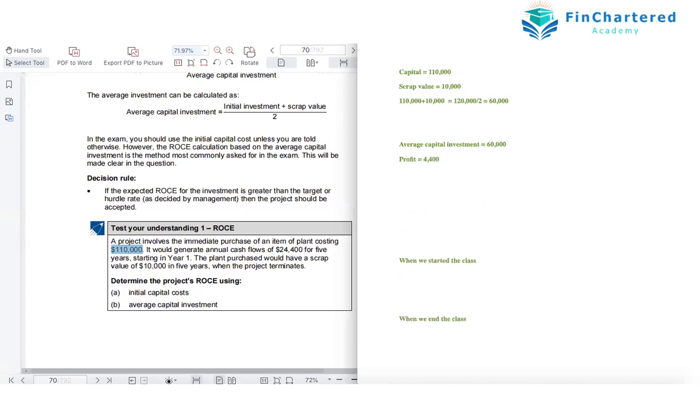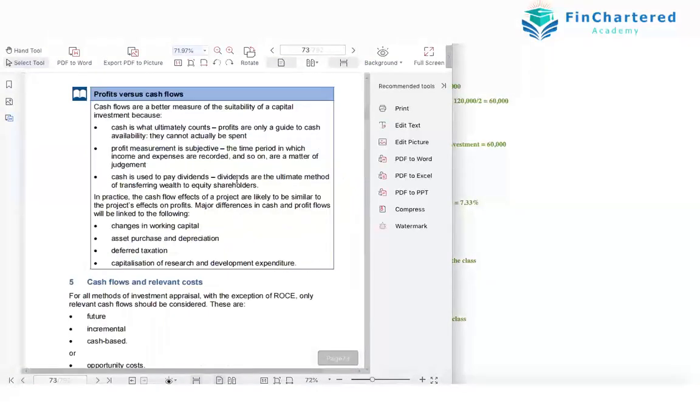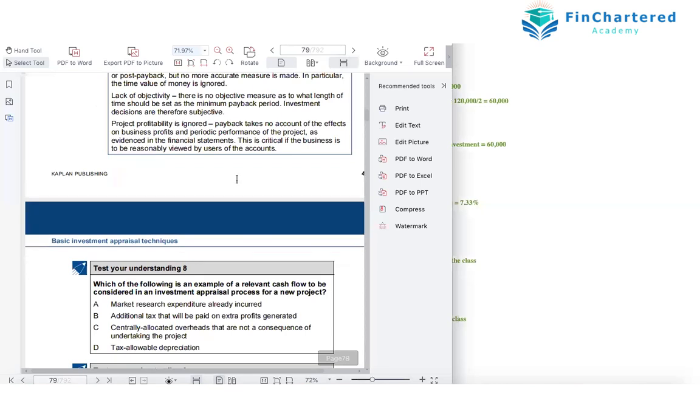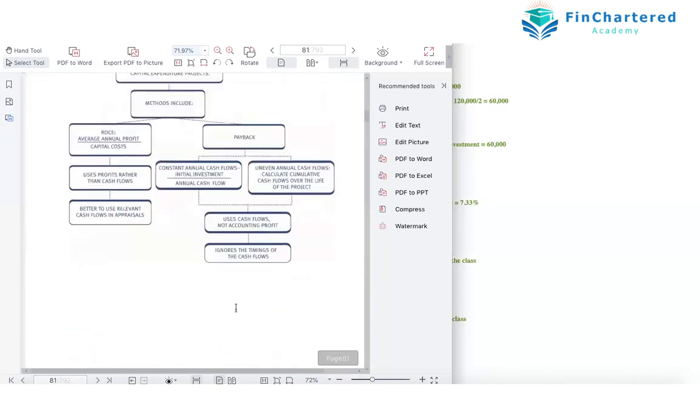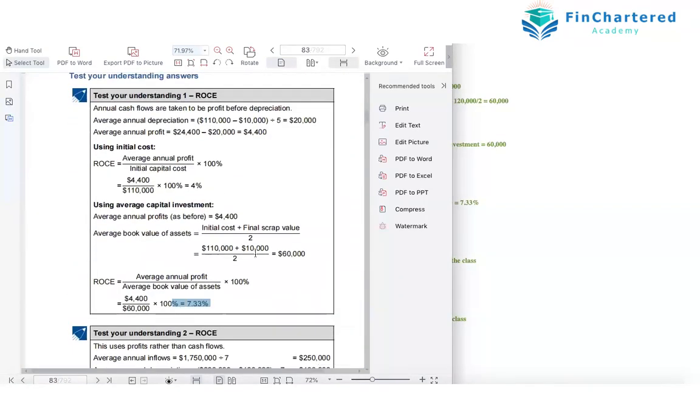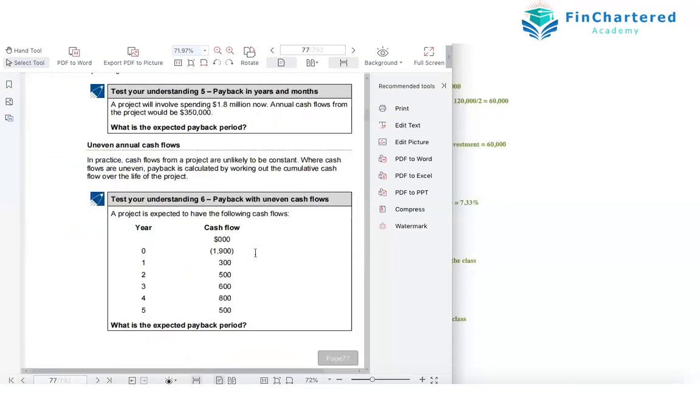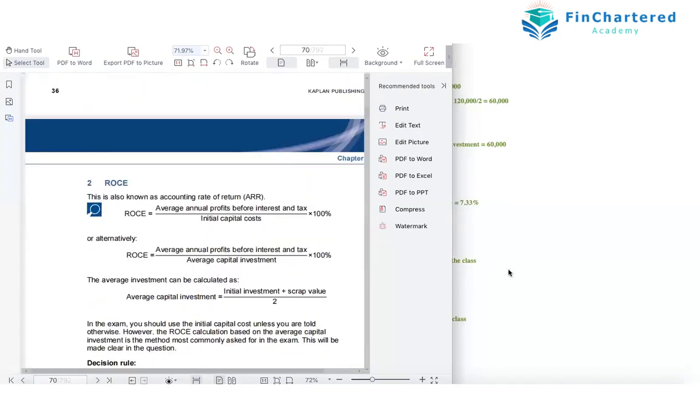But the 2 ingredients you have, profit was 4,400 divided by the average capital investment, which is 60,000 into 100. So 4,400 divided by 60,000 into 100 is how much? 7.33. Let's check if the answer is right. 7.33. So these are 2 ways to calculate what? ROCE.